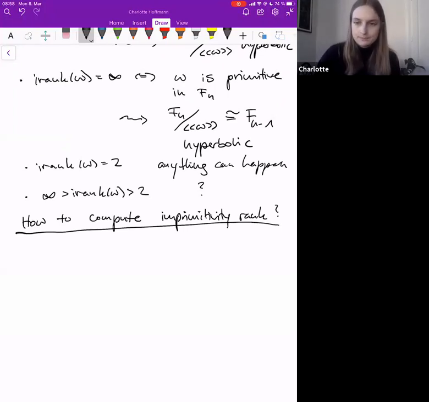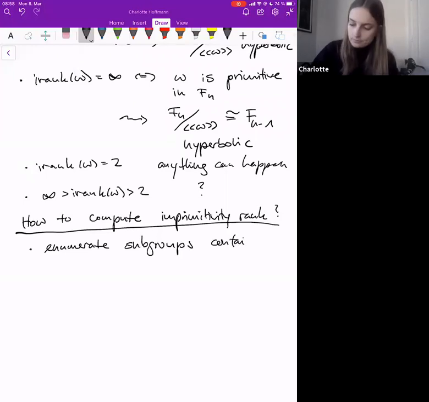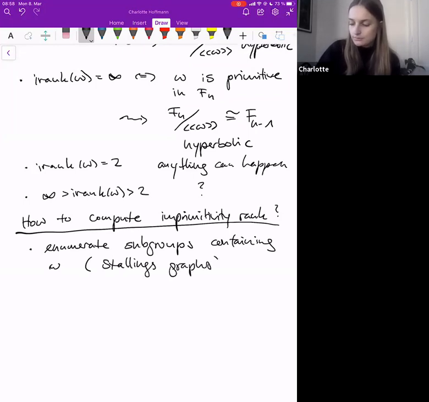And for this, we first need to enumerate the subgroups that contain W. This you can do with Stallings graphs. And then in the next step, you have to check primitivity in all of those groups.